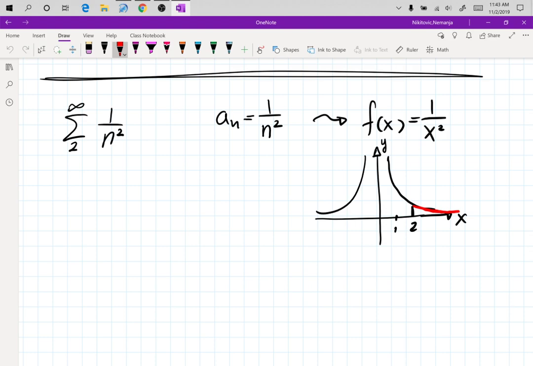So f of x satisfies all 3 of these conditions. So f of x is positive.